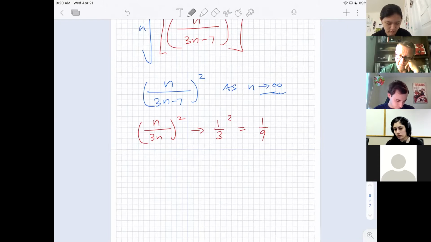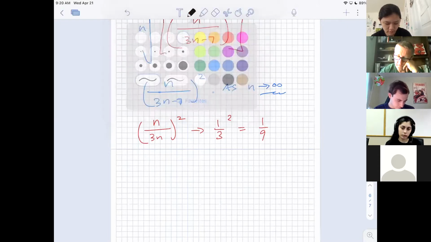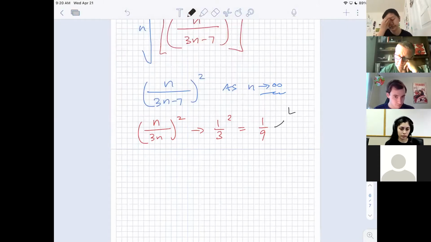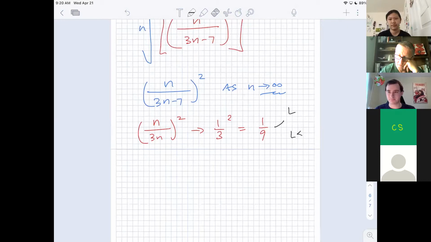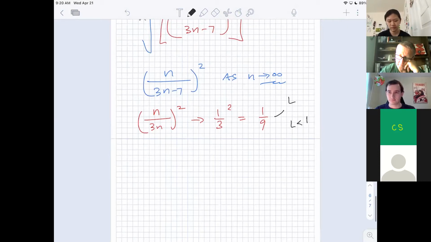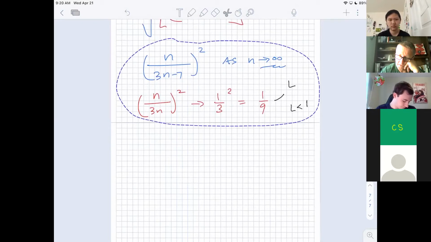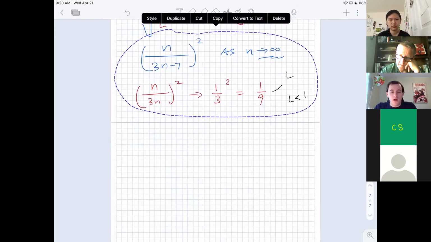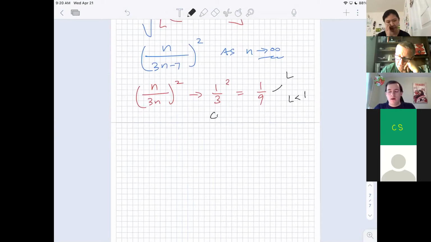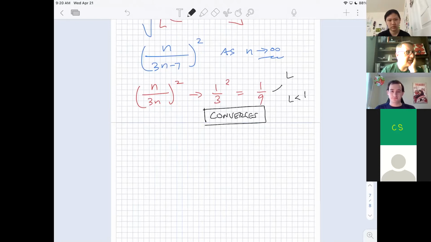So that is our L. L is less than 1. So we could say for sure that this thing converges. That's kind of fun. Converges. So you've got to supply the logic, certainly for the test.